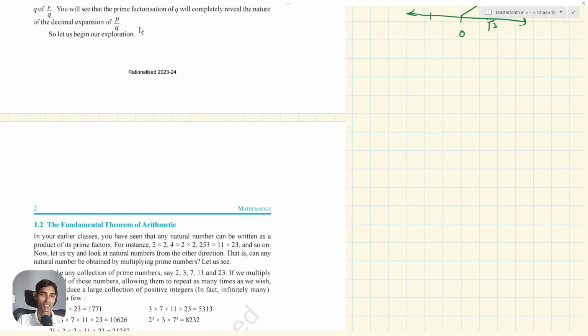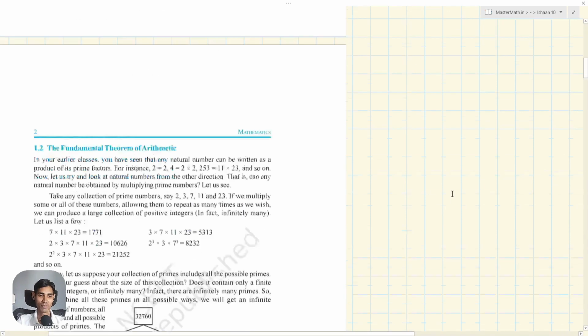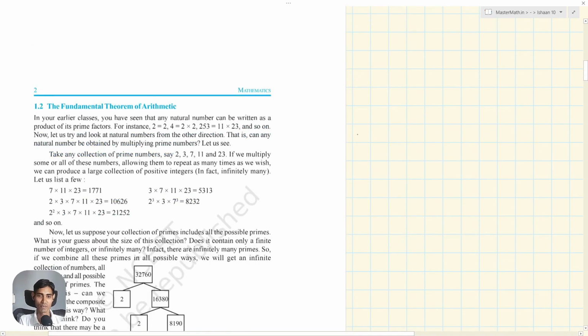So what are prime numbers and composite numbers? Prime numbers can't be further divided, they don't have any factor. Composite numbers are made up of prime numbers, they have factors. So no number can divide a prime number apart from that number itself, and of course one.